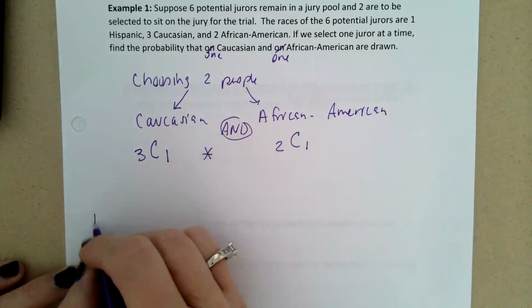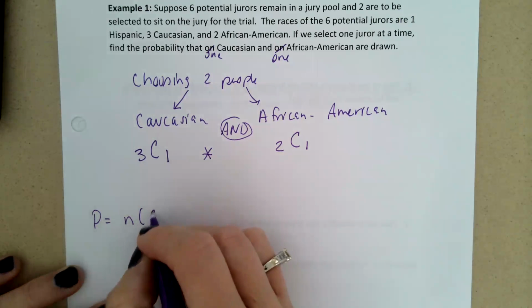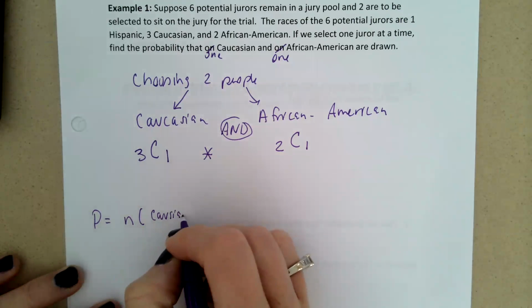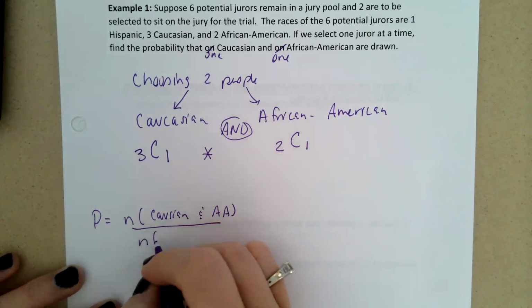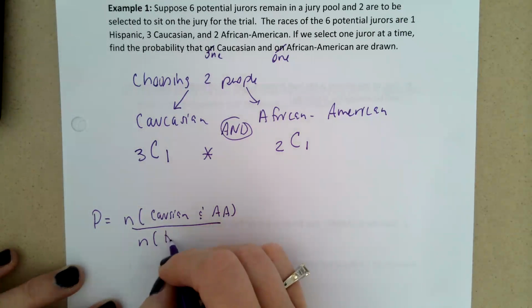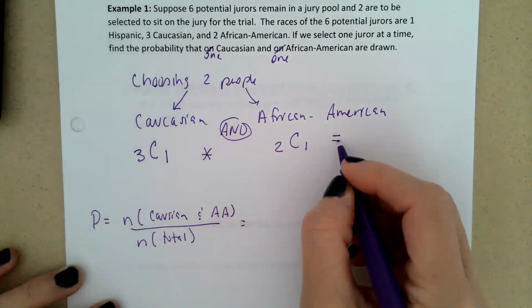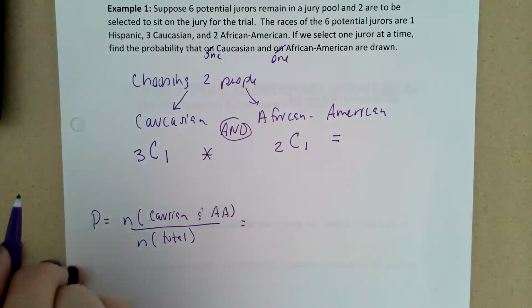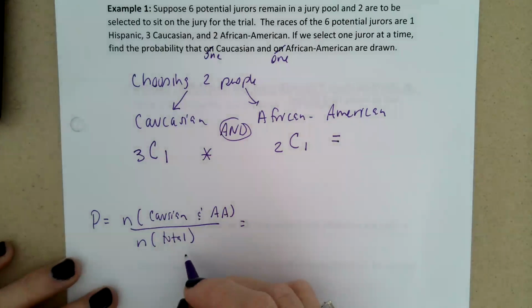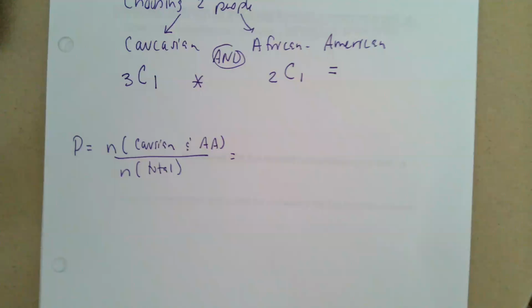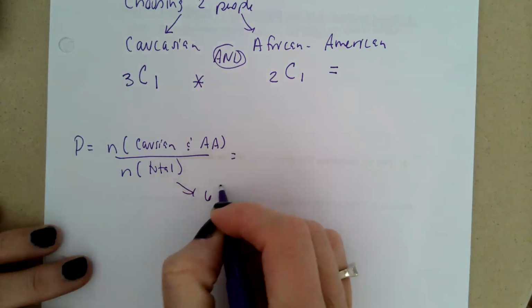So the probability is going to be the number that are Caucasian and African American divided by the number total. The total number of ways I can just choose 2 people from those 6 would be 6 choosing 2.